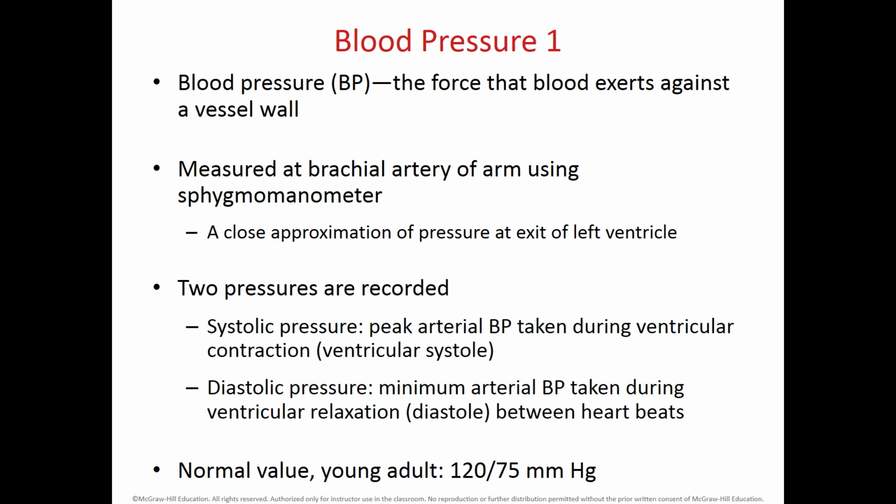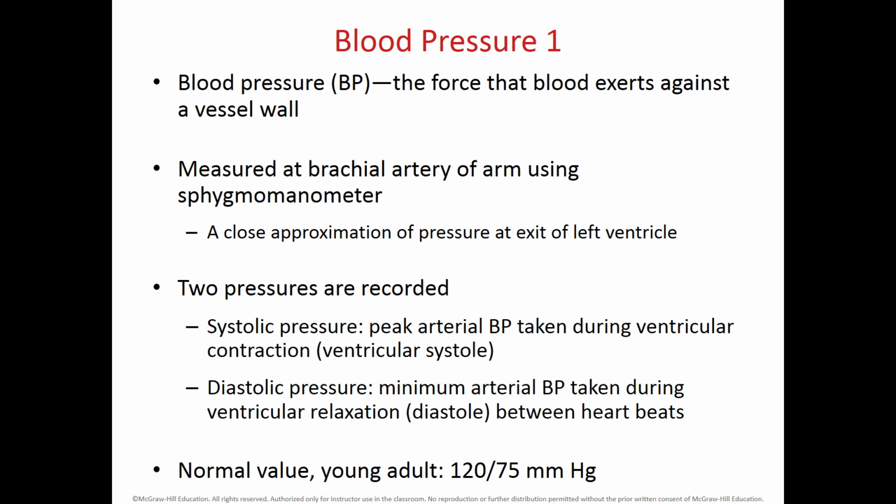As we inflate this cuff, we compress this artery, the brachial artery, and as the blood is flowing, when you deflate this cuff, you will hear a very loud sound. The first loud sound that you hear will be the systolic pressure. And then the last sound, the weakest sound that you will hear, will be the diastolic pressure.